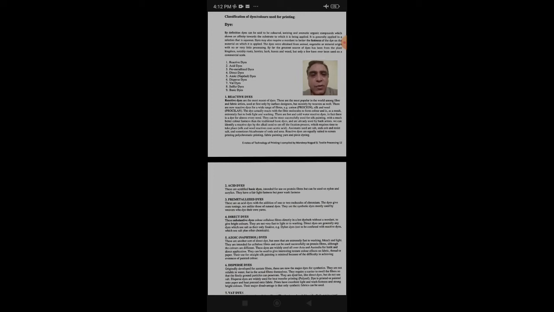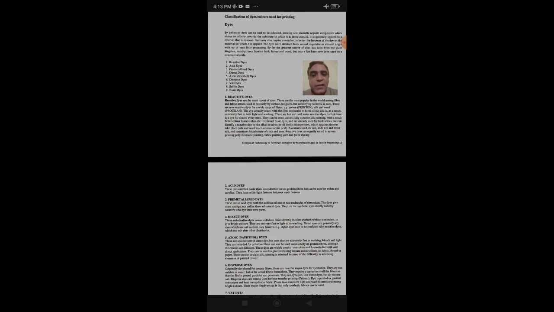Conventionally it is used for cellulosic materials like cotton, viscose, and protein fibers like nylon and silk. Nowadays, other classes of reactive dyes have also been developed for other fibers, like silk materials and blended materials, so its acceptability is increasing day by day.